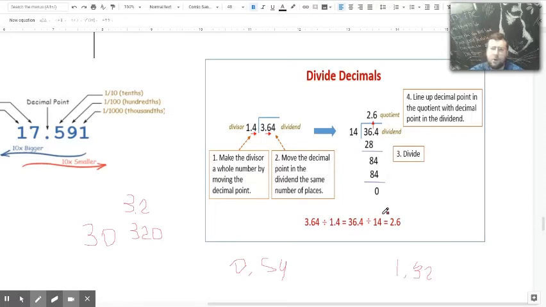By the way, it's always possible to check if you got this right. All you have to do is multiply these two numbers together to see if it comes back to the other number, right? So if you do 14 times 2.6, it should give you back the 36.4. So you reverse the process. Yeah, but no one loves this. But this is how you would go about doing it, okay?